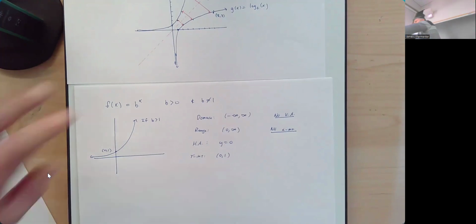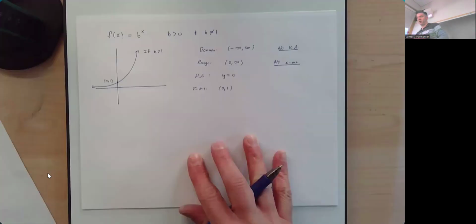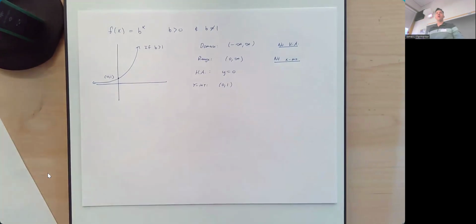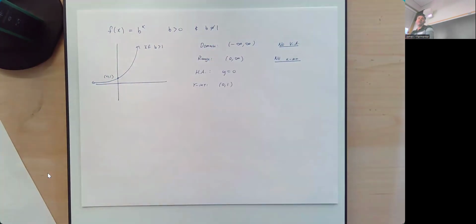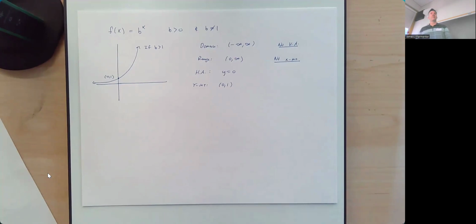So, now for the logarithmic function, what's going to be really neat here is all the x and y things are going to interchange, because that's literally what we are doing.